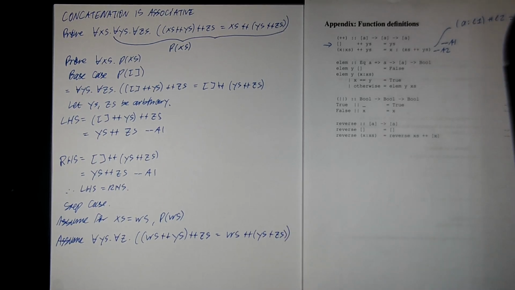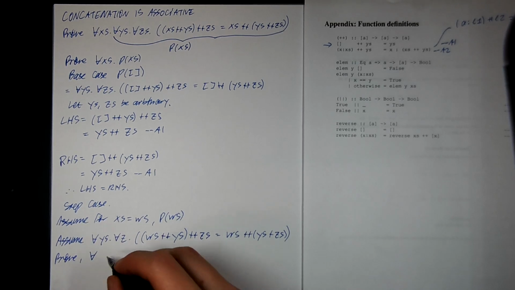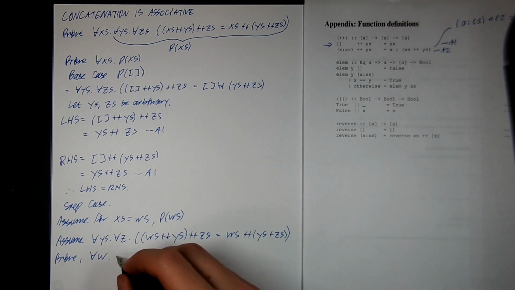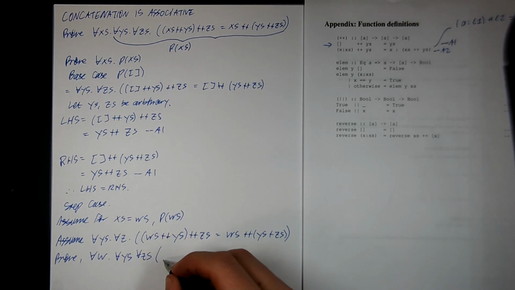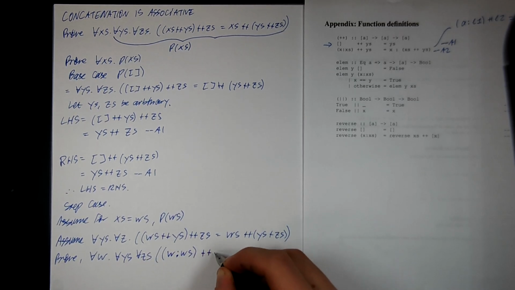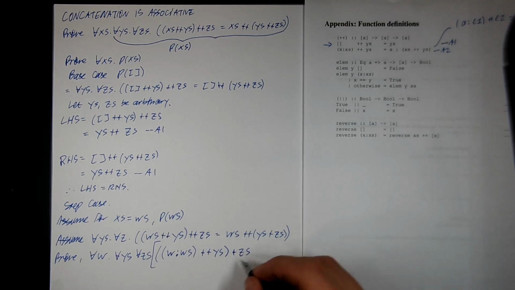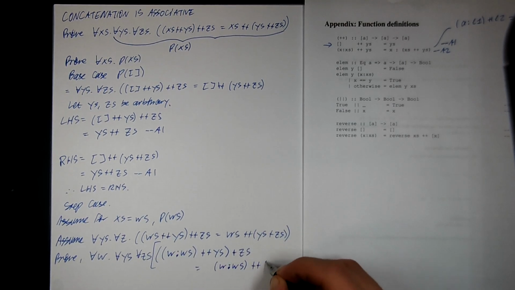Okay, that's my assumption. And now I want to prove, for any new element w, this whole statement with w cons onto the ws. So I want to prove for all w, for all ys, for all zs, ((w cons ws) concat ys) concat zs is equal to (w cons ws) concat (ys concat zs).